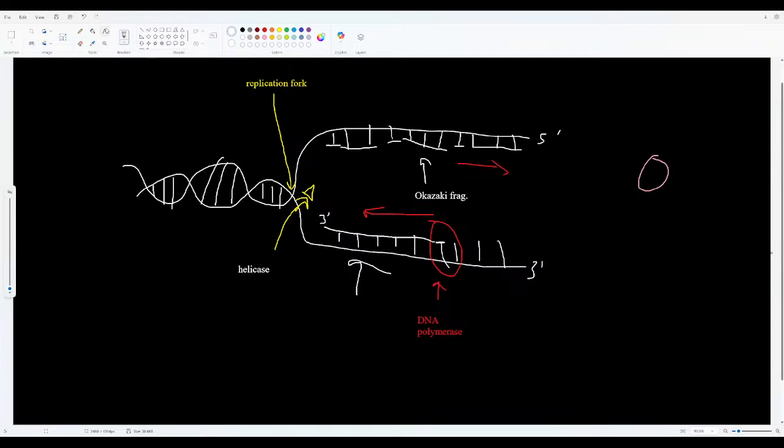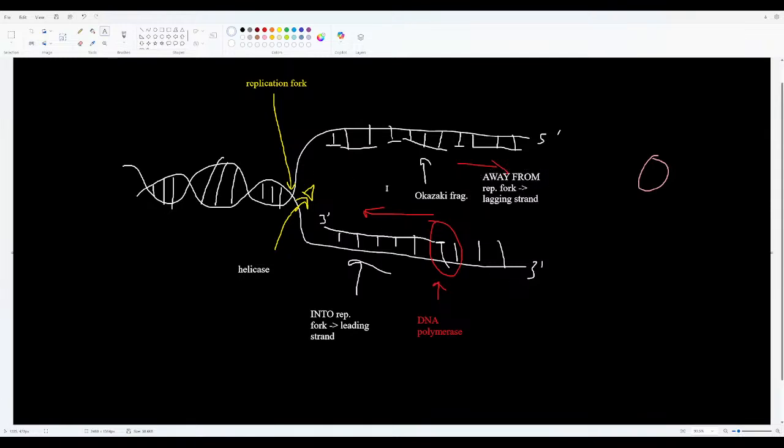With that being said, the strand that's going into the replication fork is the leading strand. So remember that. Into the replication fork is going to be the leading strand. Now the opposite is true. If we're going away from the replication fork, that is the lagging strand.